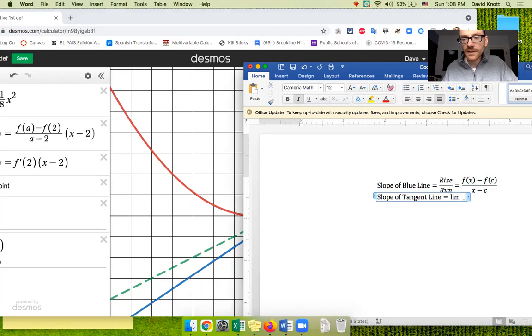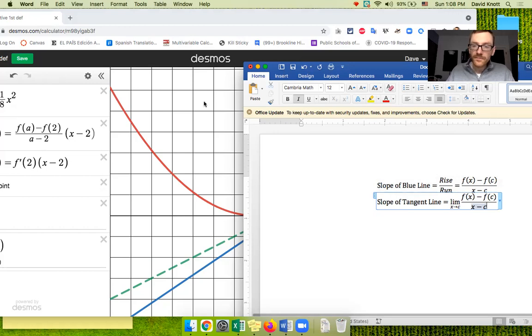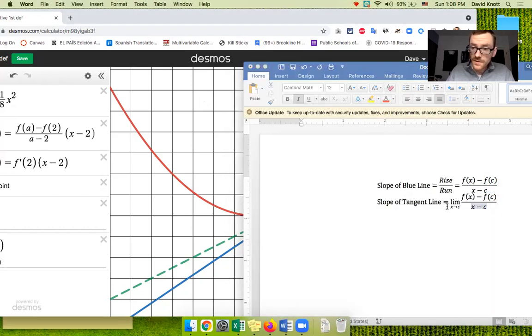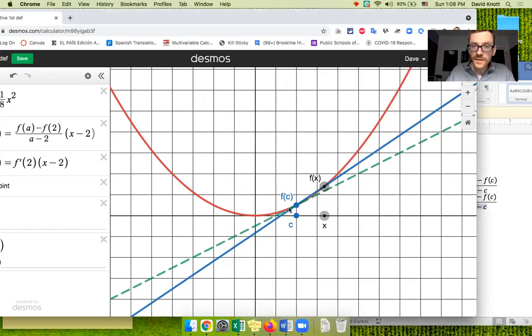You want to take the limit as x approaches c of this expression. Okay, and that will give you the slope of the tangent line, right? So this right here is a formula for the slope of the tangent line at the point c, okay?